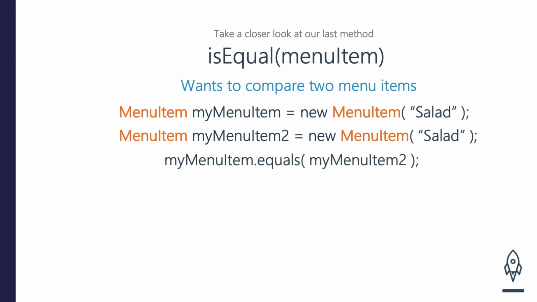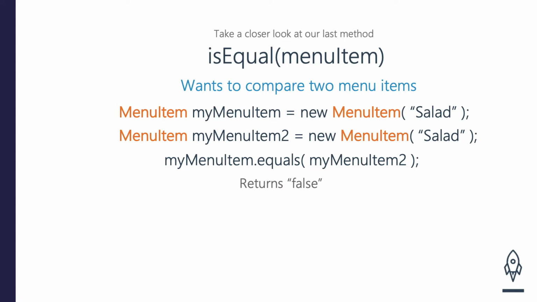So I'm going to set myMenuItem dot equals myMenuItem2. Again, both their names are salad, so I should assume this to come back as true. However, it returns false. This is because dot equals is by nature comparing the memory locations. But at this time, myMenuItem and myMenuItem2 are stored at two different memory addresses. Therefore, they're not equal.